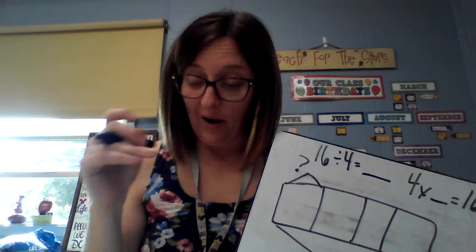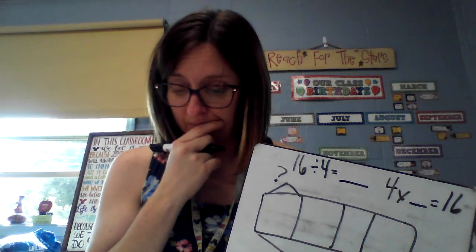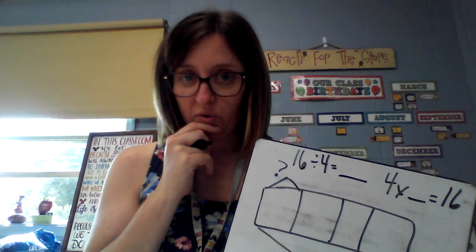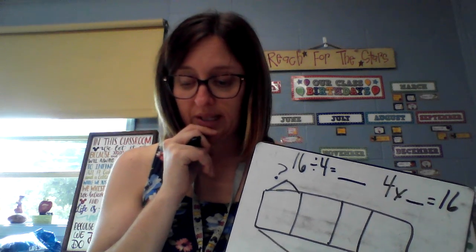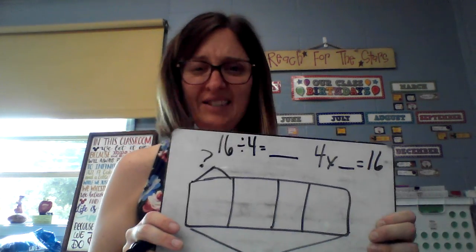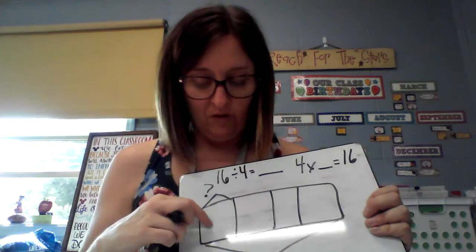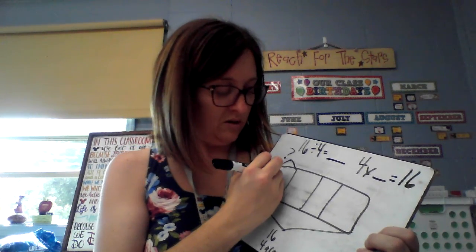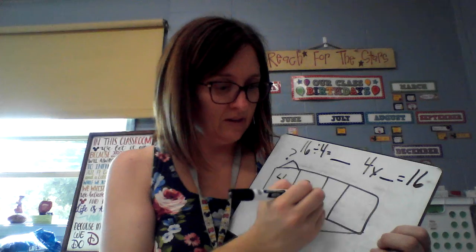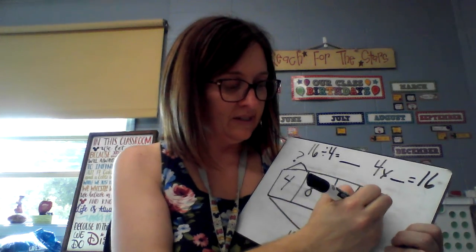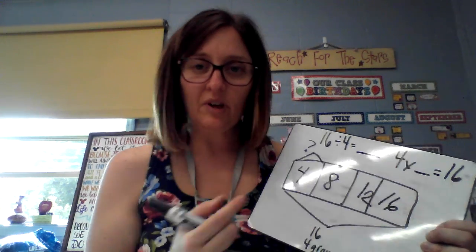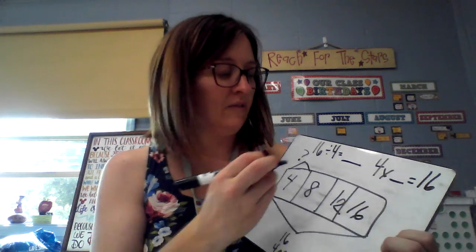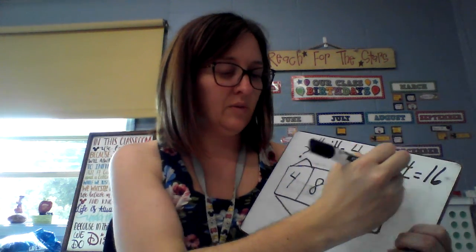Well, I could do this by doing some skip counting. Oh, I can skip count by 4. That's no biggie. So 4, 8, 12, 16. Oh, they're each worth 4. 4 groups of 4 equals 16.